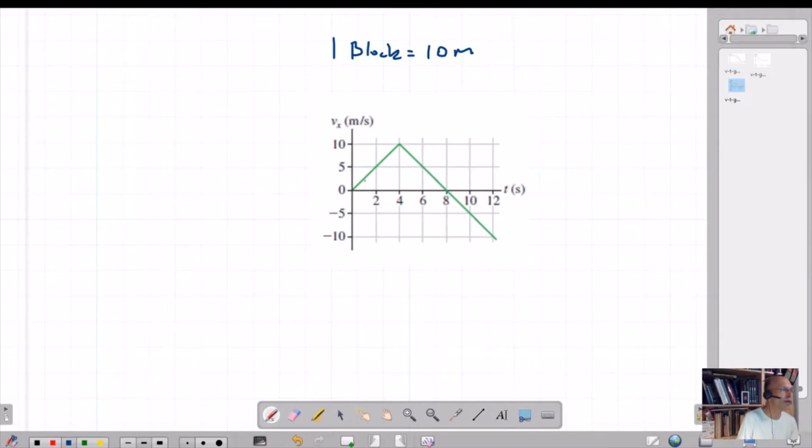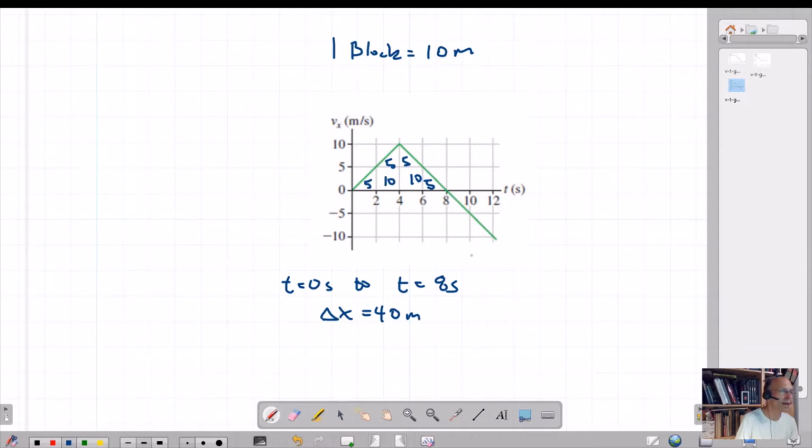This is going to be half of 10 meters, 5 meters: 10, 10, 5, 5, and 5. So that would be 10 plus 10 is 20, plus 10 is 30, plus 10 is 40. So from t equals 0 seconds to t equals 8 seconds, delta x equals 40 meters.